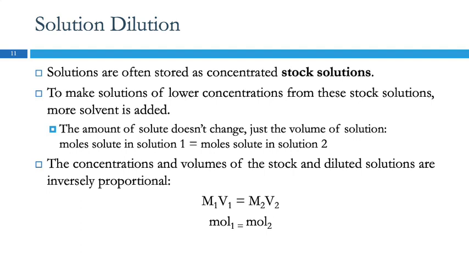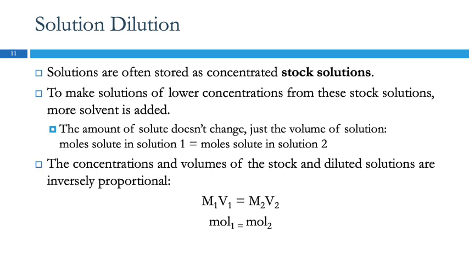Because if you tried to eat it out of the can, maybe a little bit would taste good, but then it's just awfully sweet, right? And so we need to add some water to it. But all of the orange stuff that was in the can is in the solution now. The amount of orange stuff doesn't change, just the volume of the solution. So when we dilute a solution in chemistry, the moles of solute stay the same. We're just changing the volume.